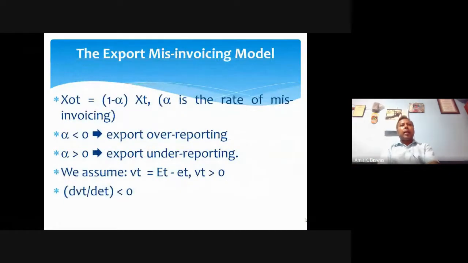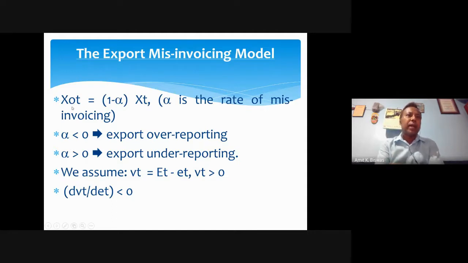Well, let me now just write in terms of symbols the story that we have presented so far. So you see, when a trader or exporter, to be very specific, is not reporting properly, we make an X, which is XOT, which is official, or XT, which is actual.